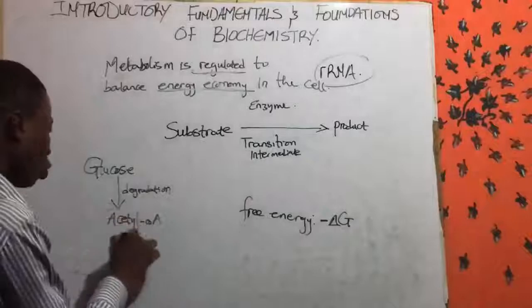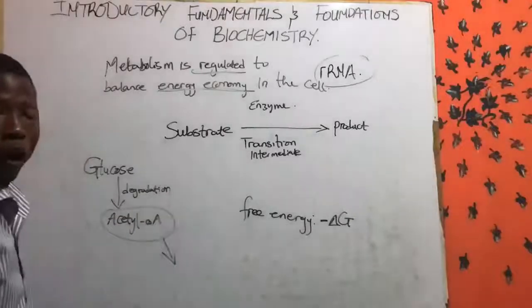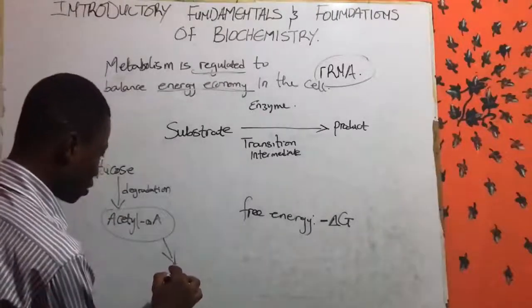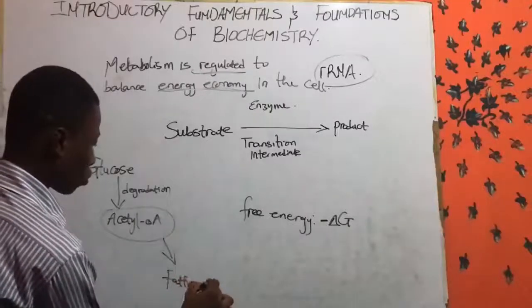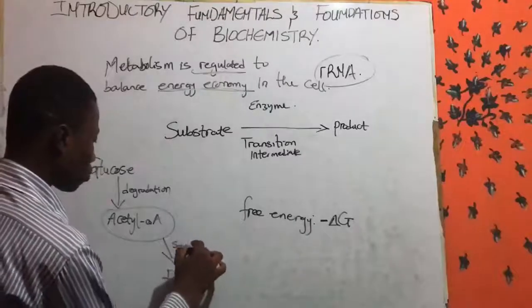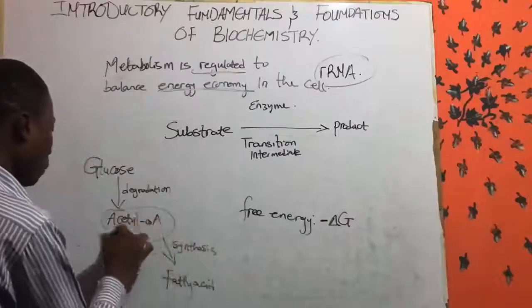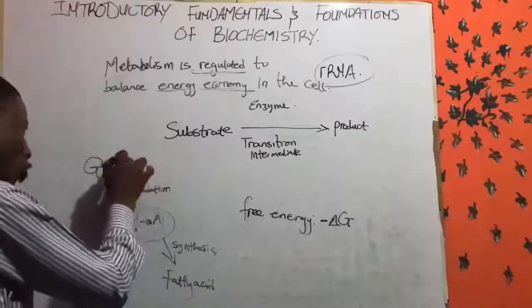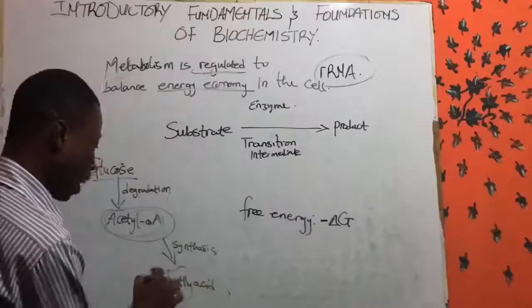Now, this acetyl-CoA here happens to be the precursor for the biosynthesis of fatty acids. So here we have synthesis. Now, at the point of acetyl-CoA here, both degradation of glucose and biosynthesis of fatty acid can be regulated.